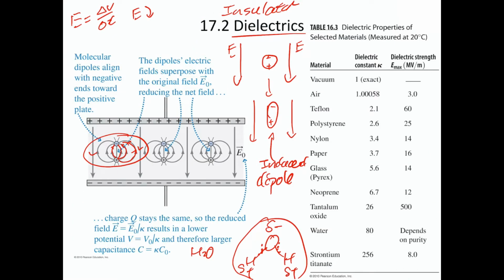So if you look at the relationship, when the E field reduces, the voltage also reduces. But you see how capacitance is defined: Q over V. You still hold the same charge, but now you can hold the same charge with a lower voltage. So V reduces implies C increases. It means now you can hold per unit voltage, you can hold more.